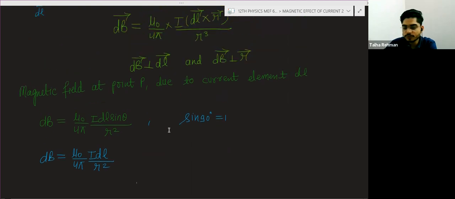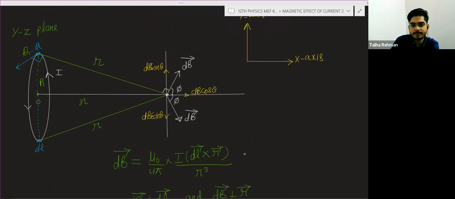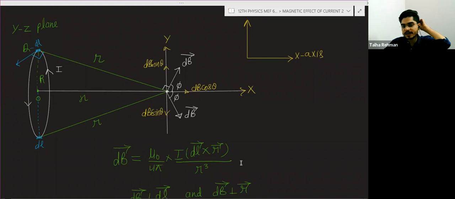So first you will take the magnetic field in the x direction, then you will take the magnetic field in the y direction and add those magnetic fields vectorially.